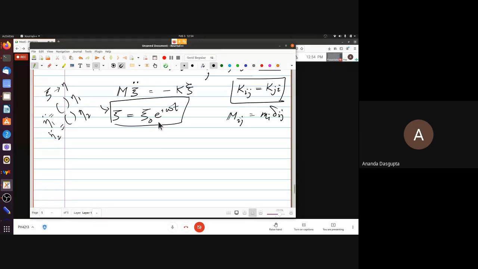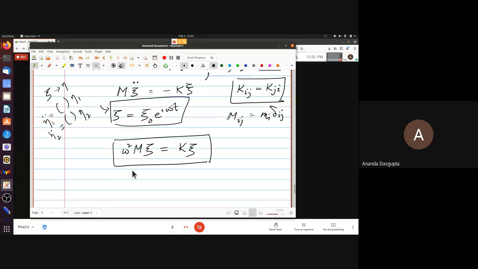Okay, and after you put this in, it becomes sort of trivial. If xi is of this form, then xi double dot is minus omega square times xi. So the equation essentially becomes omega square m xi equals k xi. This is not exactly an eigenvalue equation yet, right?